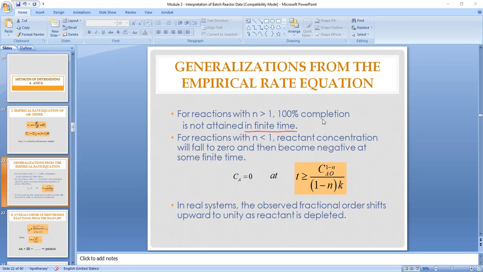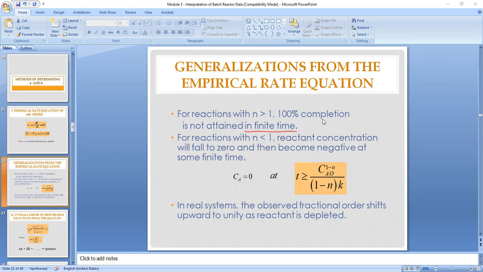For reactions with n less than 1, meaning 0.9, negative 0.2, 0.6, they are all less than 1, reactant concentration will fall to 0. There will come a time that your CA will be equal to 0, and even become negative at some finite time.